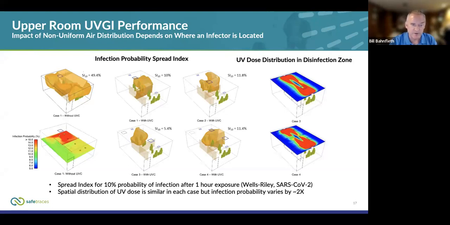The best we get here is a spread index of 5.4%, and the worst is 11.8. So clearly here, the obstructions to flow created by the modular office furniture were a big factor independent of the air distribution. Next.